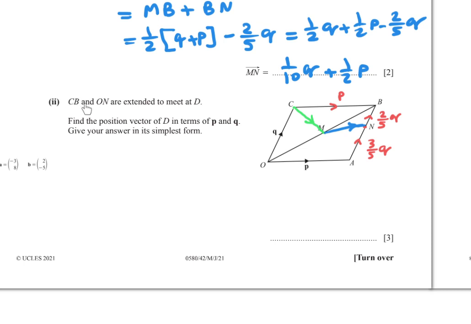Part (ii). CB and ON are extended to meet at D. So we can extend CB and ON to meet at D. Find the position vector of D. We need to find OD.